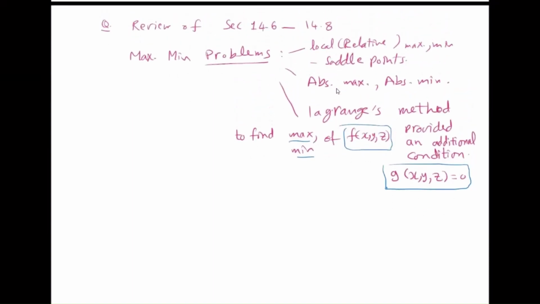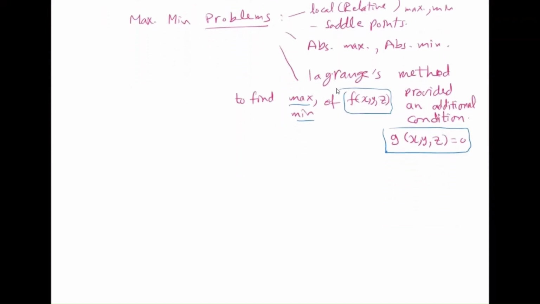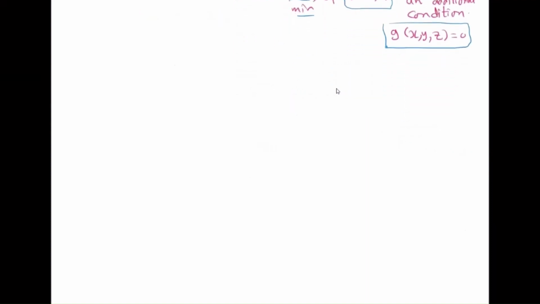As in calculus 1, we have what? Test of critical points of f of x and y. If f of x and y is differentiable, then the critical points are when fx equals 0 and fy equals 0.